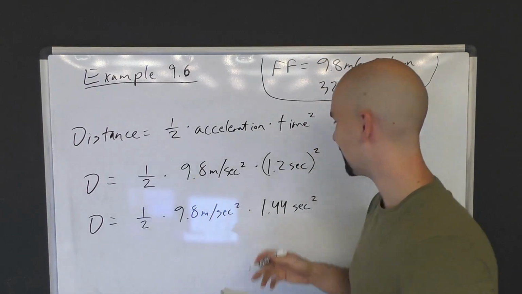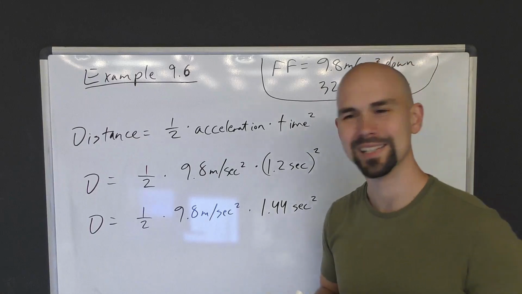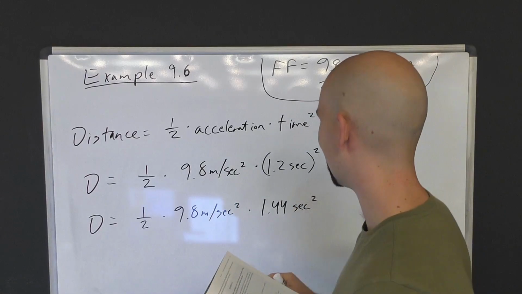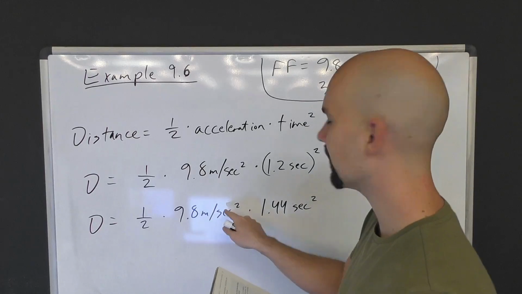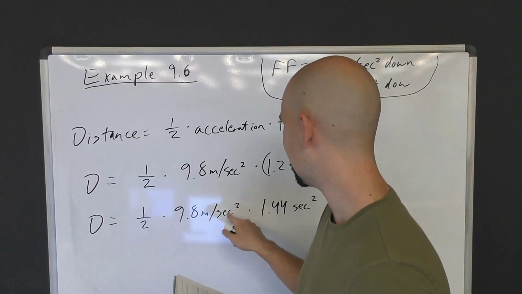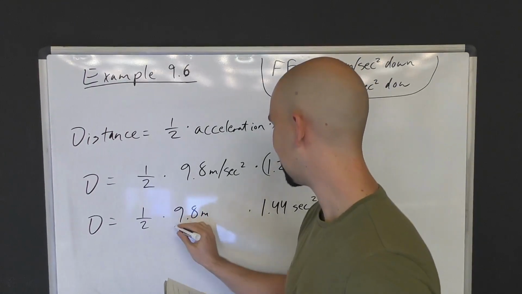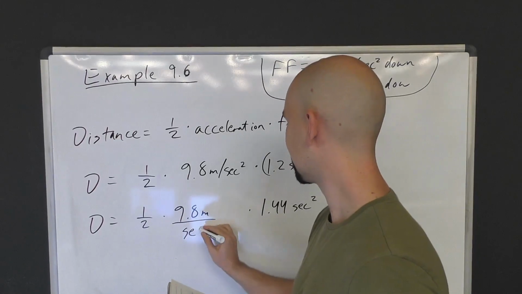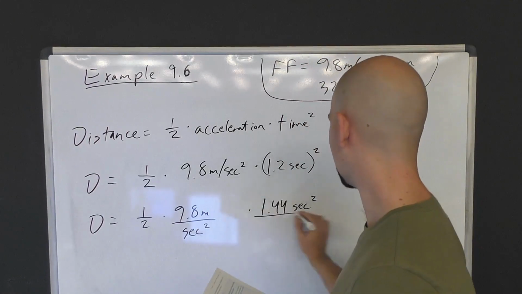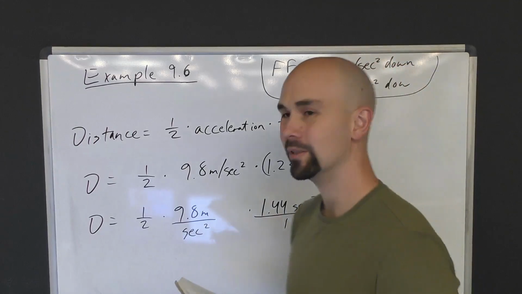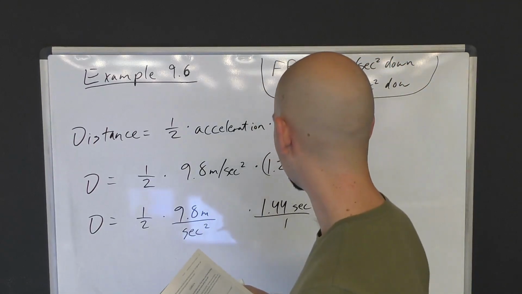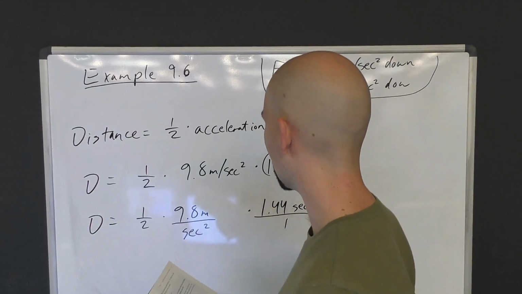And you might be like, oh, wait a second, this is bad because now we're going to end up with seconds to the power of 4. Well, no, because meters per second squared here is actually in the denominator. So I'm going to rewrite this. We're dividing by it, meters divided by seconds squared. All right, and now I can put this over a fraction, and now we have units that are a little bit more properly aligned for our purposes.